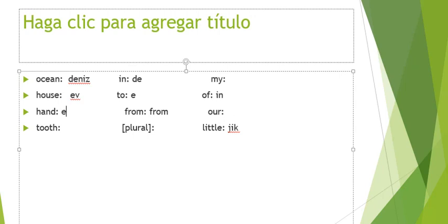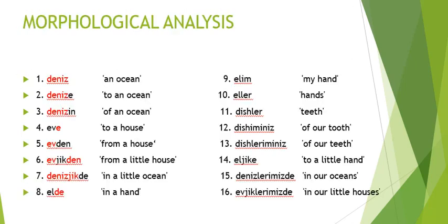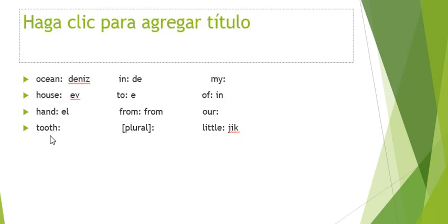Hand is el. Got it? And let's continue analyzing it. Now you can see that another word is tooth.